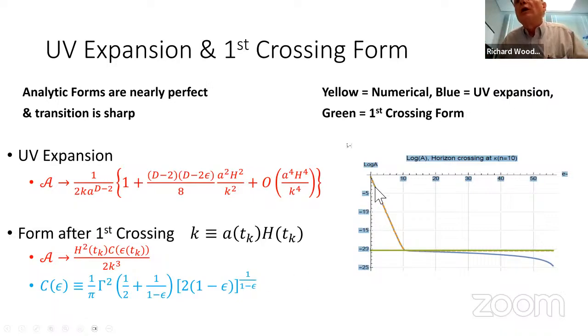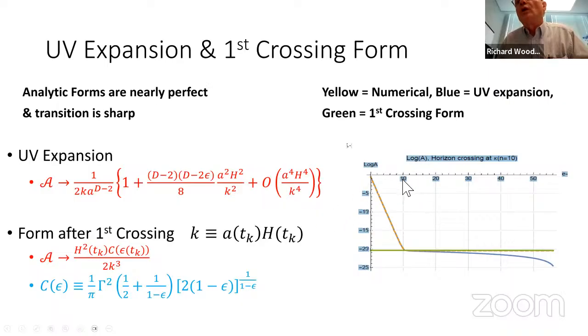And you can see that numerically on our synthetic geometry, so once you have a geometry, you can of course evolve these things numerically, and it's beautifully in agreement. Okay, so yellow is the exact numerical result. Blue is the ultraviolet expansion.